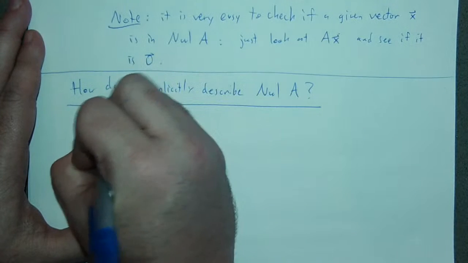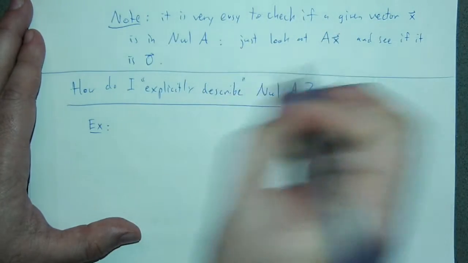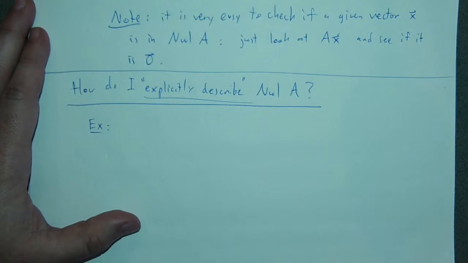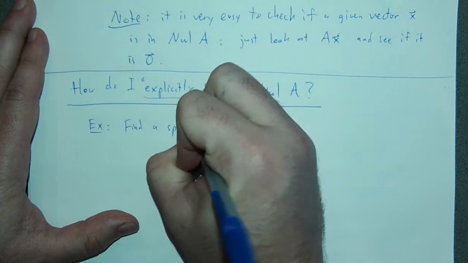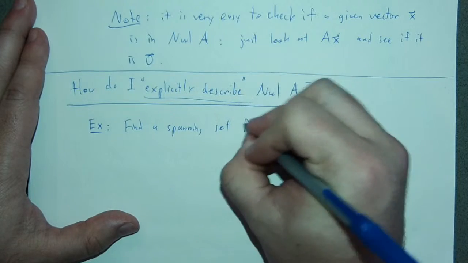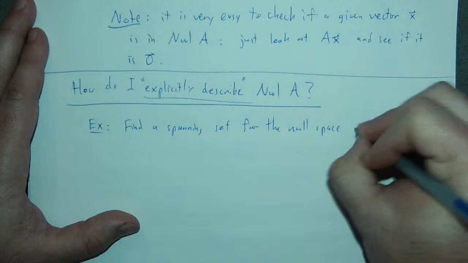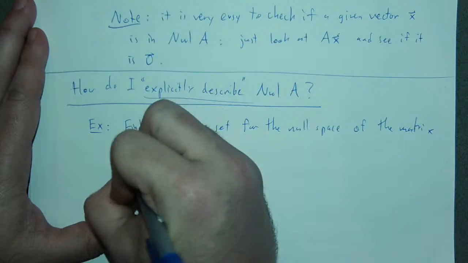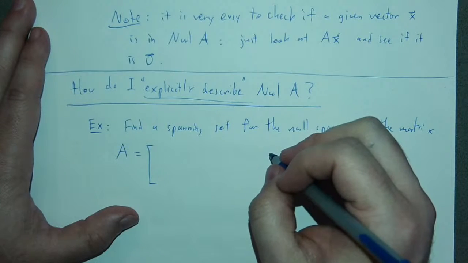So example, what do I mean by explicitly describe here? What I mean by this is I want to find a spanning set for the null space of the matrix A, which is the 3 by 5 matrix.